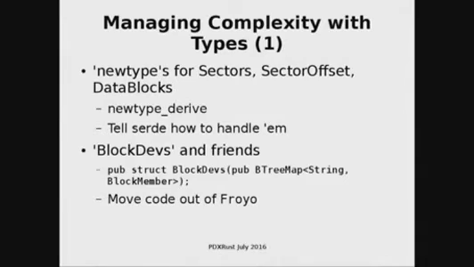That lets us take all the code that was littering the Froyo implementation and move it into a separate implementation, just to keep things straight. So block devs is kind of a new type around just a B-tree map, but it lets you implement your own methods on it. It's an organizational thing, taking this out of the Uber struct and putting it over here. I don't know if that's a pattern or an anti-pattern, but I guess we'll find out as we go along.